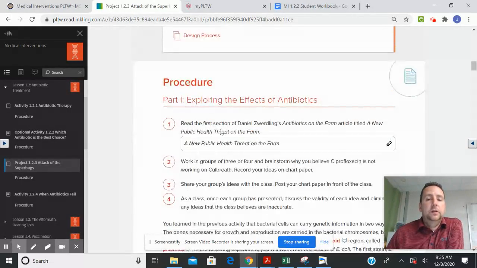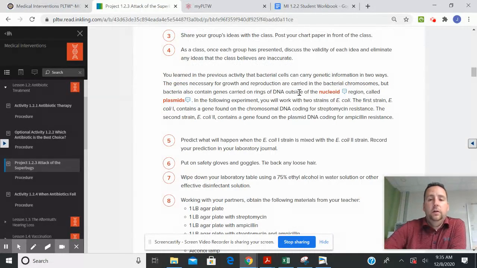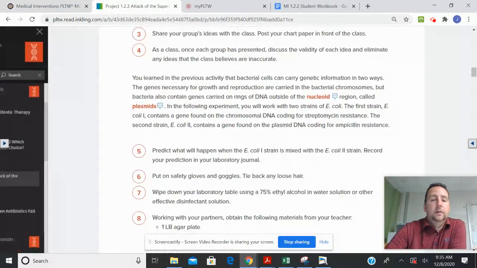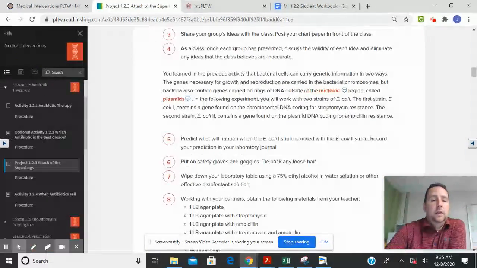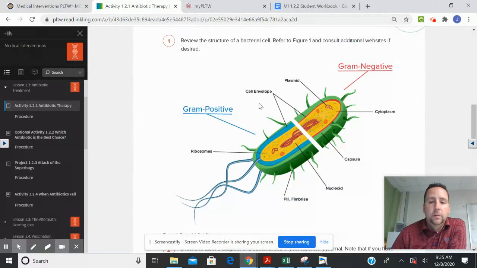All right, so we're going to scroll down here to under step 4. We talked about bacterial cells in 121, okay? And just to review that, 121, remember this, the bacterial cell structure, and you have a plasmid and you have DNA. Plasmids are DNA, and the nucleoid is DNA.